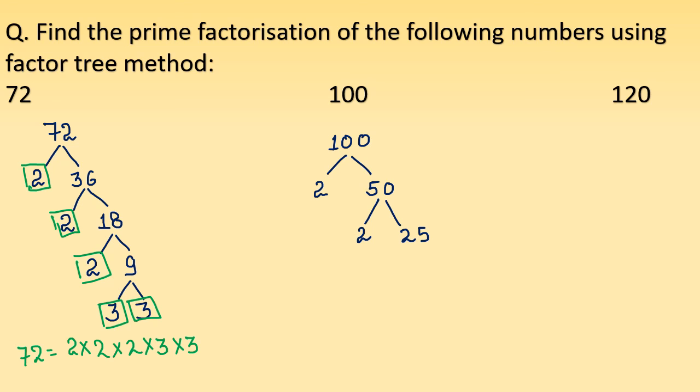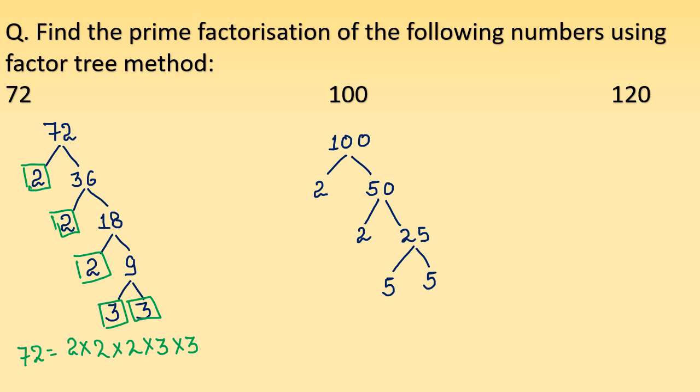Now we got 25. So we have to divide 25 by a prime number now. 25 has 5 at its ones place. So this is divisible by 5. Here 5 fives are 25. So here we got both the prime numbers now.